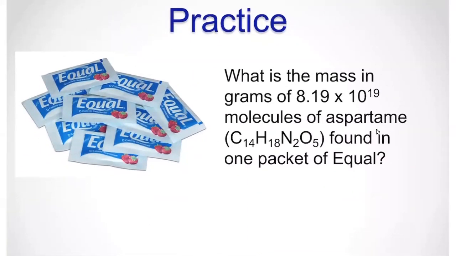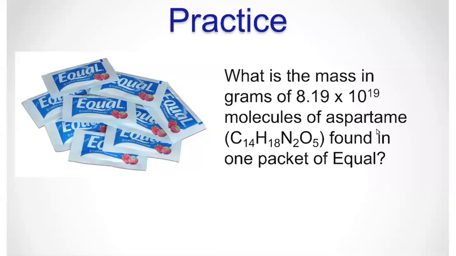Okay, let's try another practice problem here. What is the mass in grams of 8.19 times 10 to the 19th molecules of aspartame? There's the formula, found in 1 packet of Equal.